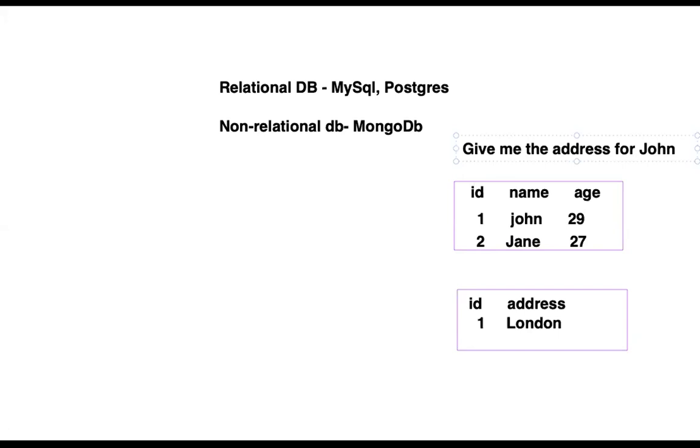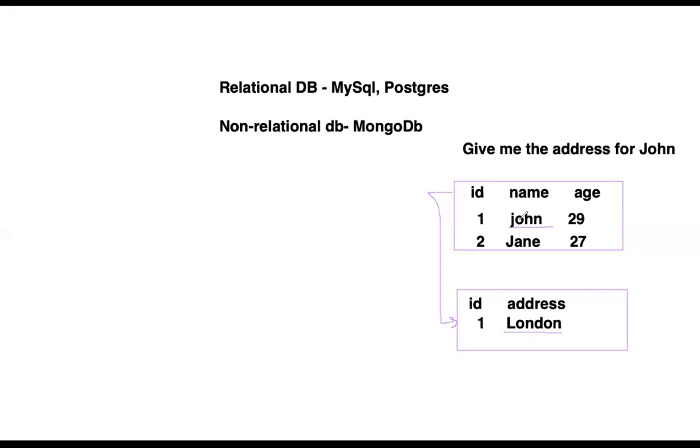What's your take on solving this question? How will you connect? So I need a way to connect John or this table to this table. I need some way to connect to this so that I can fetch the address for a specific person. So let's say John lives in London and I have that entry.